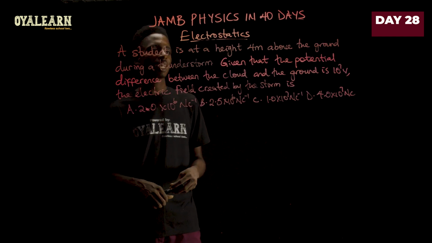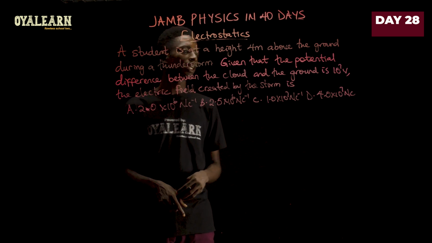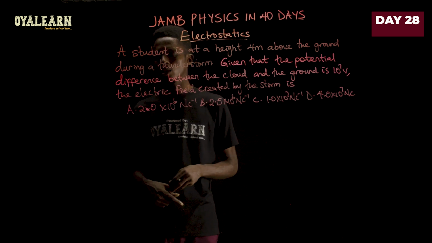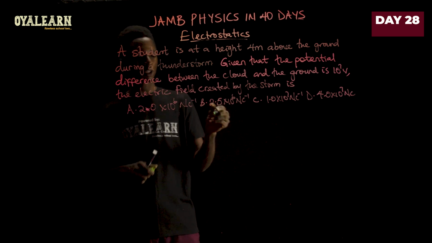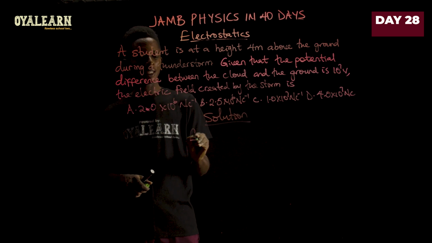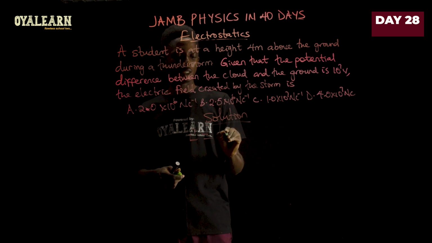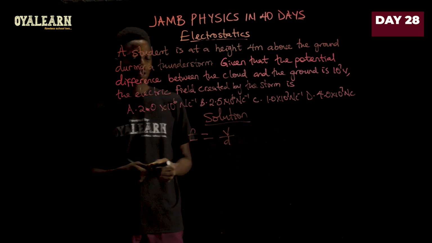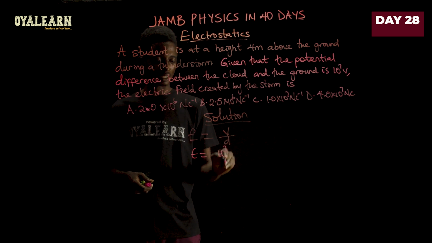A student is at a height 4 meters above the ground during a thunderstorm. Given that the potential difference between the cloud and the ground is 10 raised to the power 7 volts, the electric field created by the storm is. Now, to solve this question, E is going to be V over D. So all we have to do is apply this. Let's solve. V is 10 raised to the power 7.